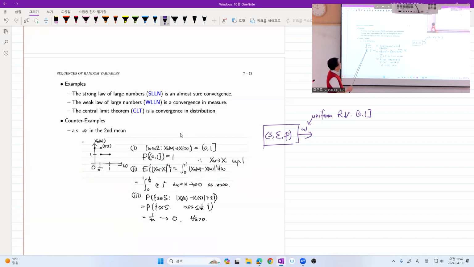Now, what is x sub 0? X sub 0 is the function all 1, right? What is x sub 1? Let me draw. X sub 0 is this one, 1. Now, x sub 1 is what?